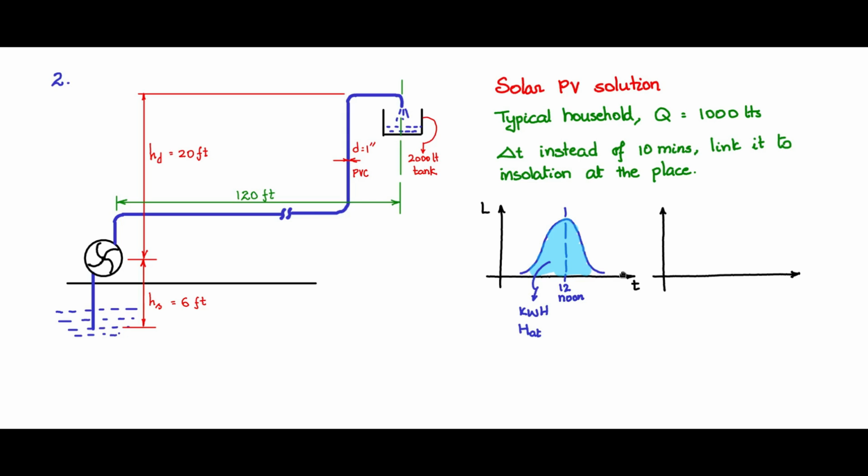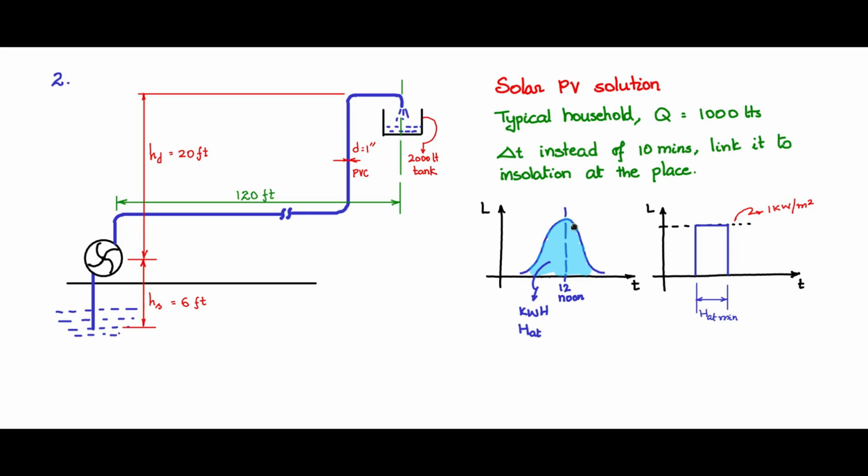Once I have obtained that value on the time versus insolation curve, let me mark the standard insolation of 1 kilowatt per meter square. So this same area I will achieve here by a rectangular component, which is having a width of HAT or HAT minimum.